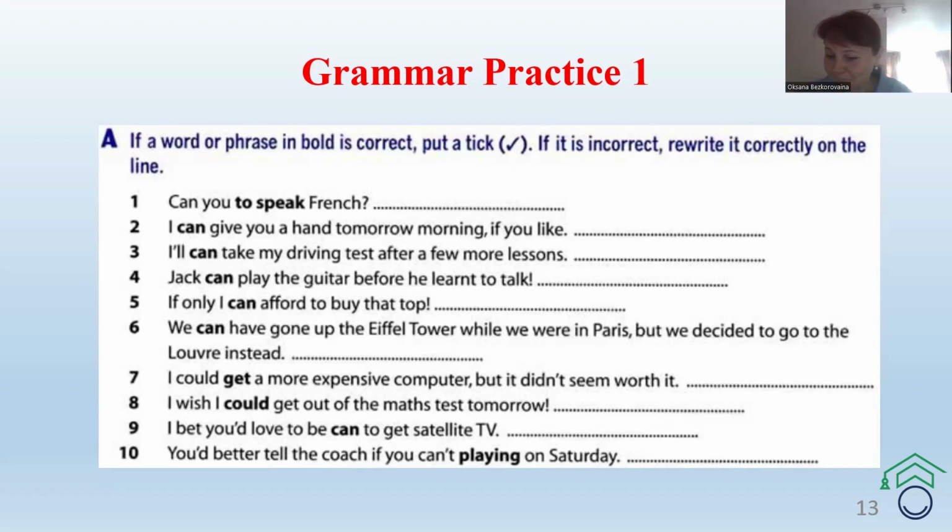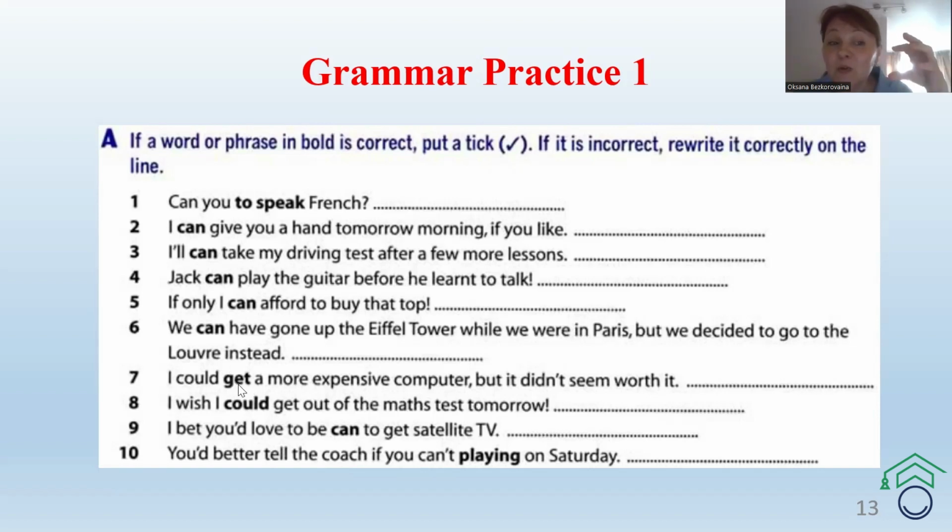I could get a more expensive computer, but it didn't seem worth it. I think it's correct. The sentence refers to the past. How to express past possibility? We use could plus perfect infinitive. I could get now, or I could get in the future.